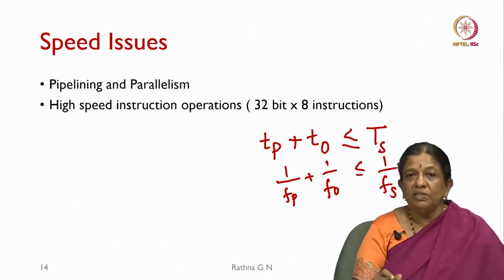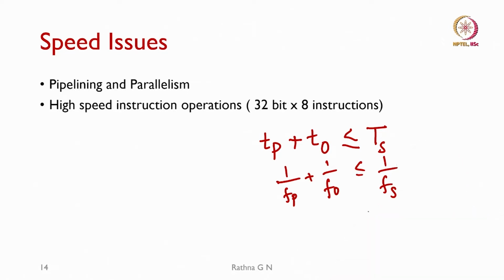This is going to decide what my input clock rate should be, what I can feed into my processor, or how I am going to select the processor. If you are designing your own processor, this has to be considered depending on the application. Here we are considering only the algorithm, that is the processing time of one algorithm.